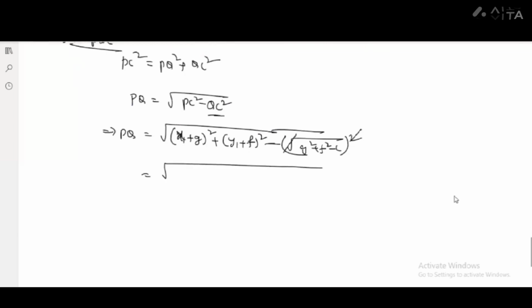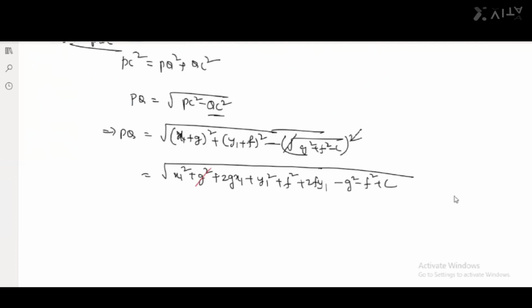So we will get, using (a plus b) whole square, x1 square plus g square plus 2gx1 plus y1 square plus f square plus 2fy1. So here it is minus g square minus f square plus c. So here g square and minus g square, f square and minus f square get cancelled. So we will get x1 square plus y1 square plus 2gx1 plus 2fy1 plus c.